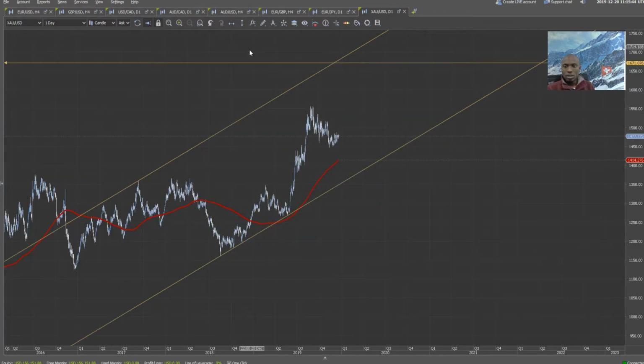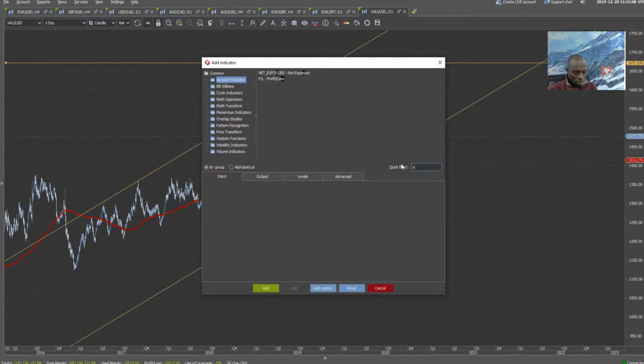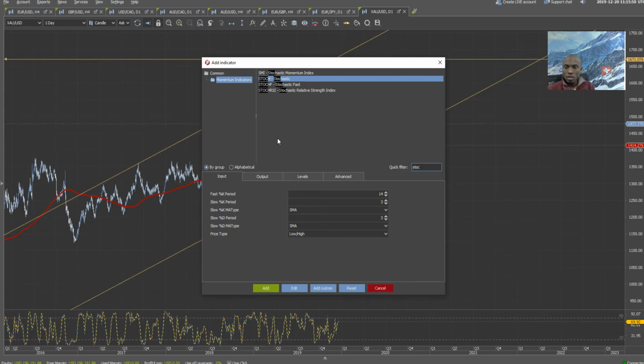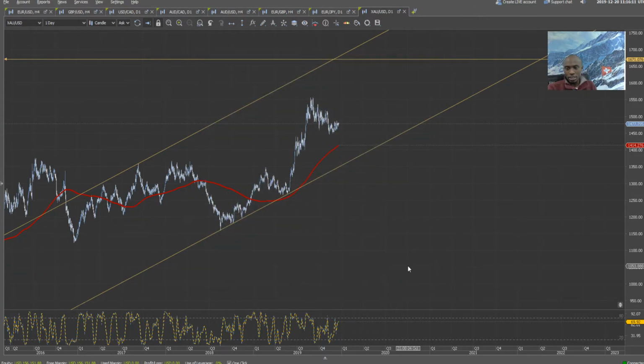Damn it, I just cancelled that. Yeah, before we had it, you can see this fast K and the slow K. I will come to that in a little while. So take note of this fast K and the slow K. So that being said, yeah.